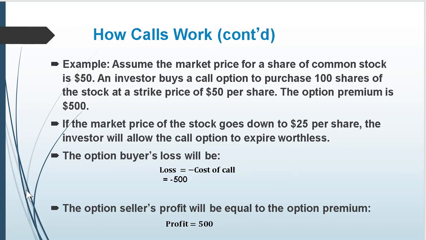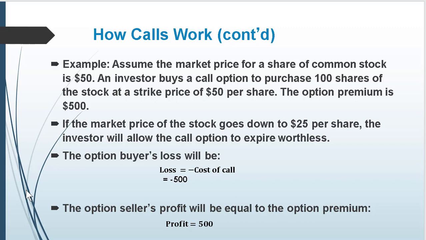So again, how can we calculate this out? Again, if you assume that the stock price is $50, you bought the call for $100, strike price 50, the option's 500. Again, if the price went down to $25, well, you paid $500 on this, and because you would never buy the stock at 50 and then try to sell it at 25, you would let this exercise lapse.